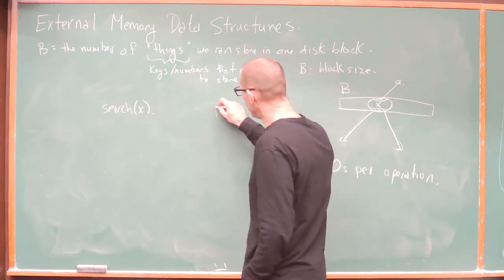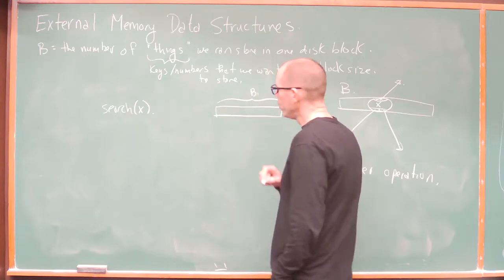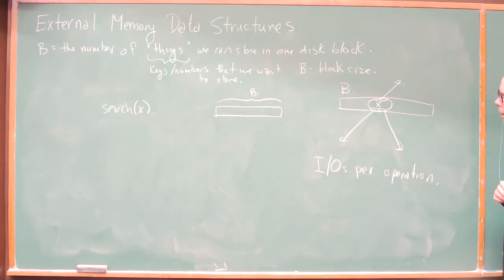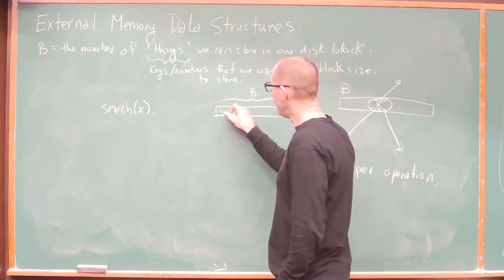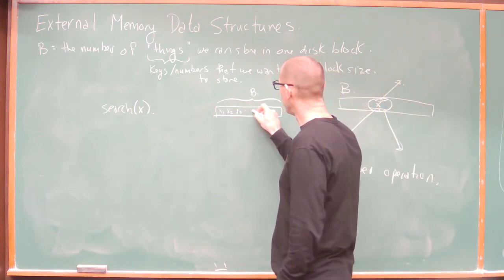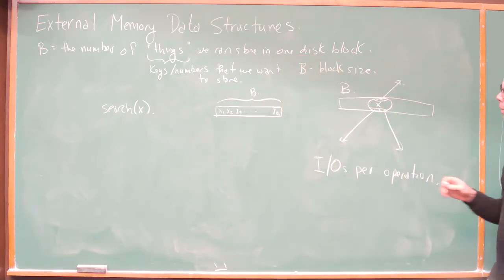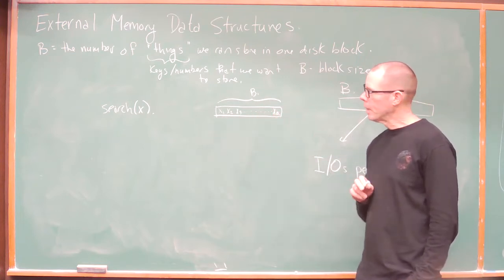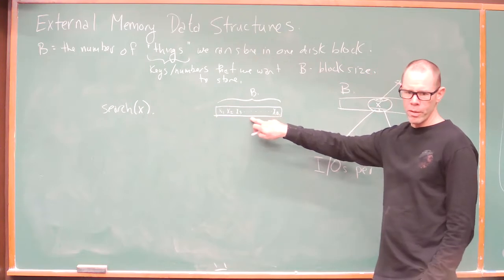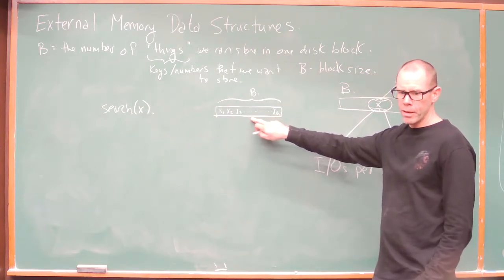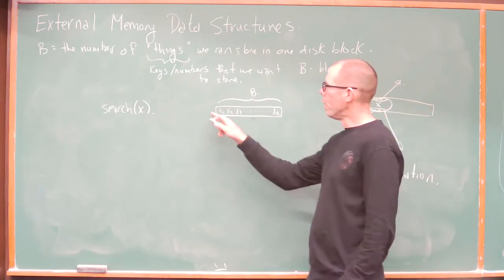The first thing before it can do anything interesting, it has to read a block with B values in it. And I don't care what those values are. Let's call them x1, x2, x3, up to xB. And I don't care what order they're stored in. If I look at the relationship between x and these numbers that are stored in this first block that I read, there's only B plus 1 possibilities, right? Either x is smaller than all of them.